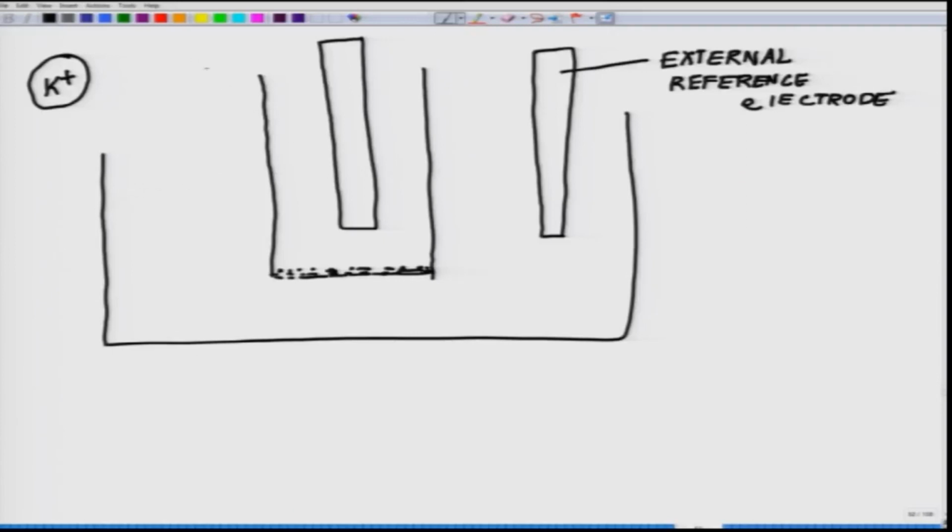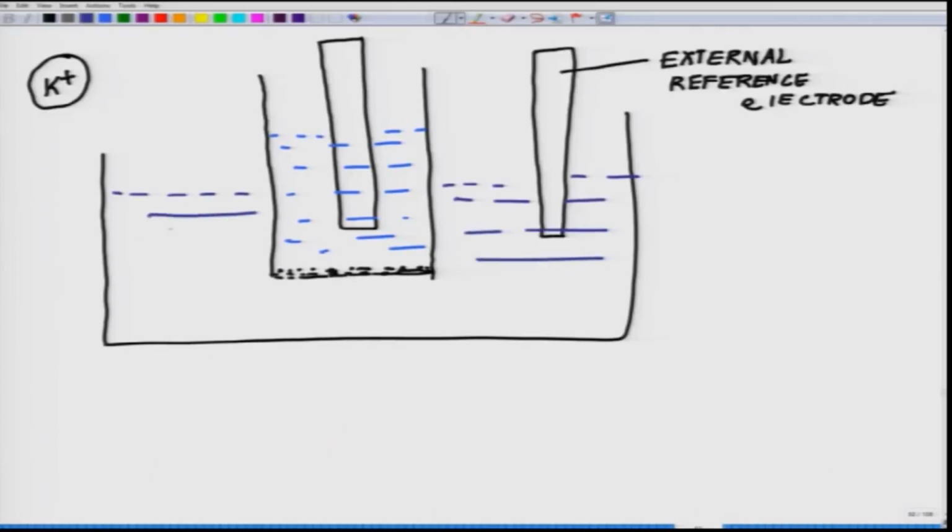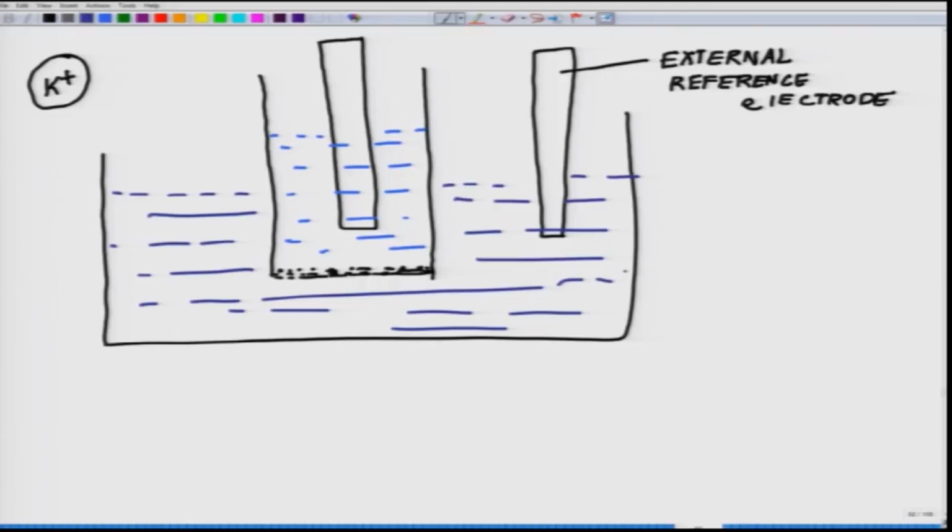That is the external reference electrode, and this is the ion selective electrode. You have an internal reference which is out here.